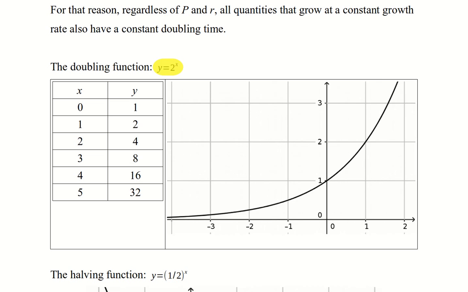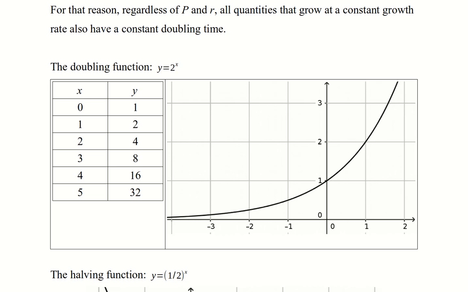So we're going to look at this curve, and later on, if you skip ahead to sections 9 and 10, you're going to see that we graph using exactly this same setup. We use the fact that a constant growth rate means that we have a constant doubling time to graph all sorts of exponential equations. So this will pay off in the long run.